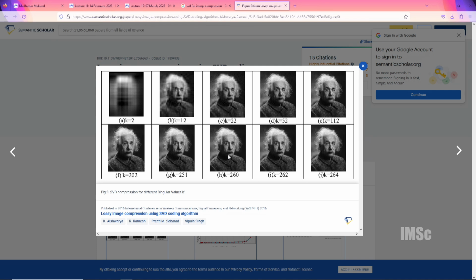There was some image, and you can even say that this is the best approximation to that image. This is actually not the original image, but the summation up to the 264 largest singular values, right. And as you keep decreasing these, the quality slightly reduces, but even here at 200 or even at say 52, there is not much of a decrease in quality.